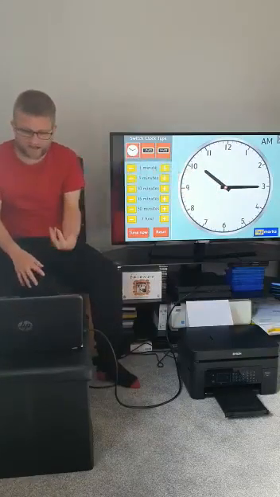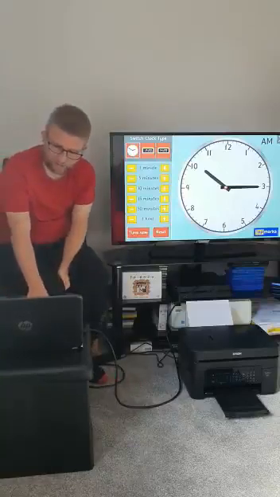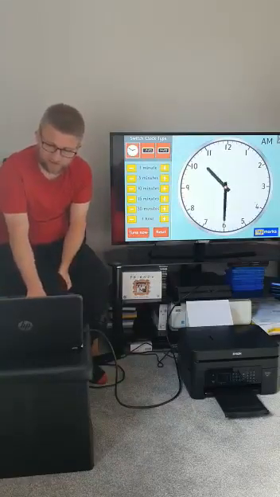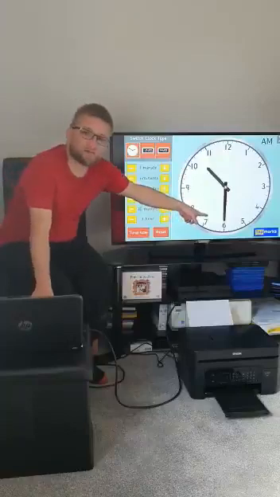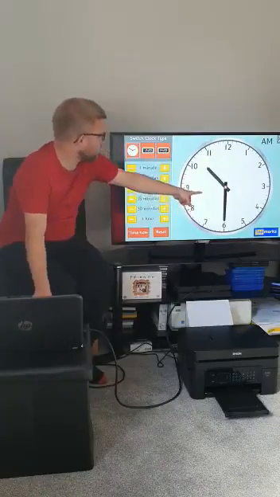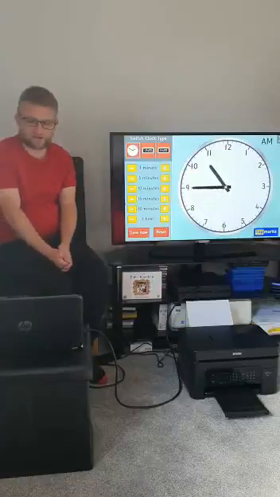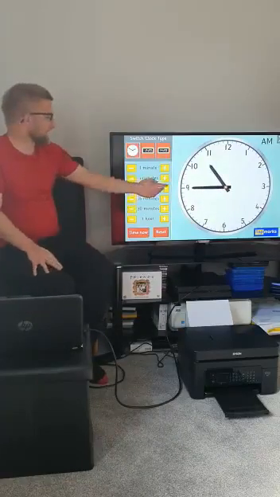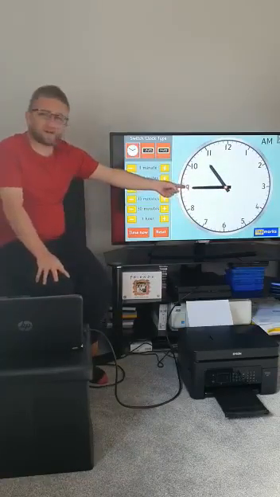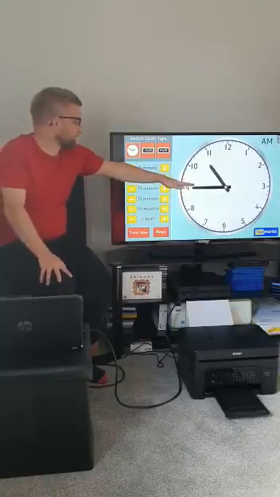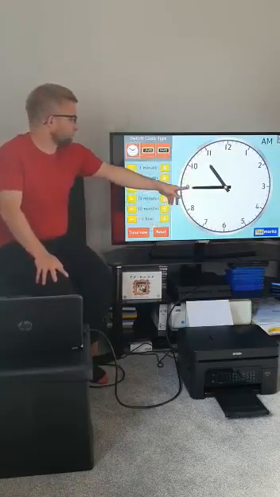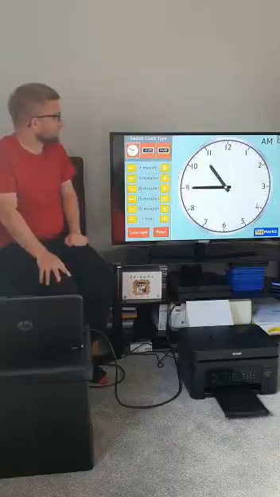Quarter past 10. If I then move on another 15 minutes, I've now got my half past again. I've now got half past 10. If I add on another 15 minutes, you can see now the minute hand is pointing at the 9, which means we now have to go towards the next hour. So it's quarter to.